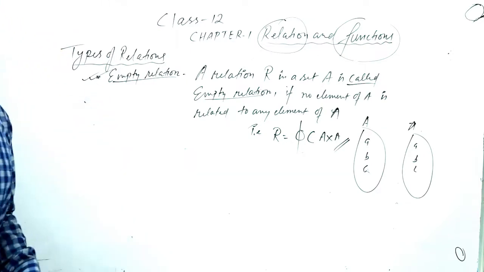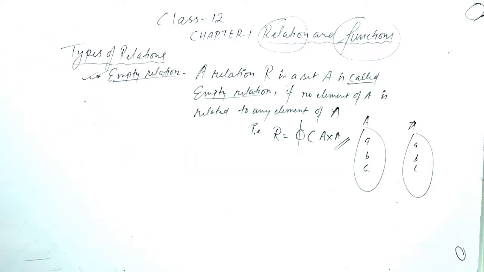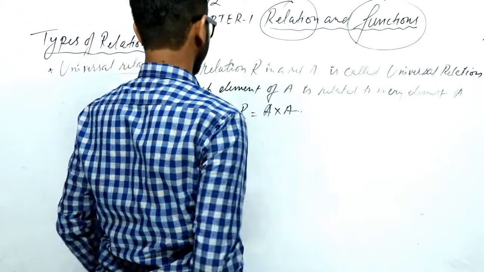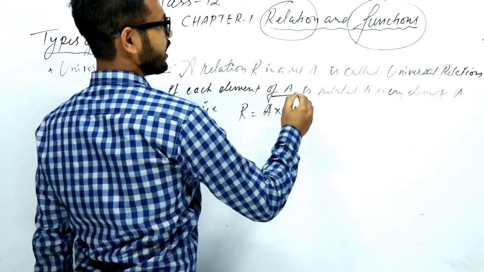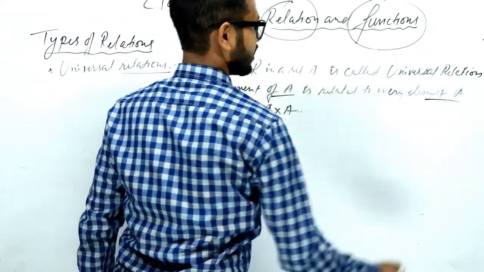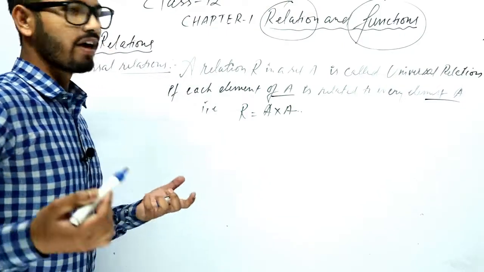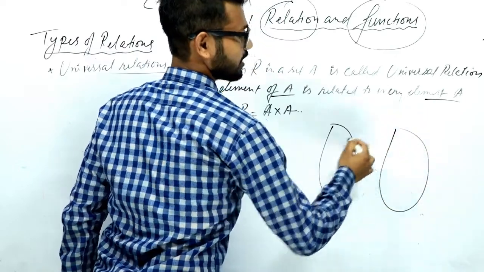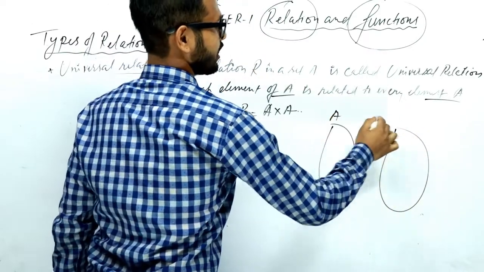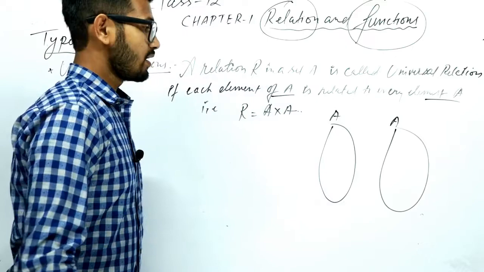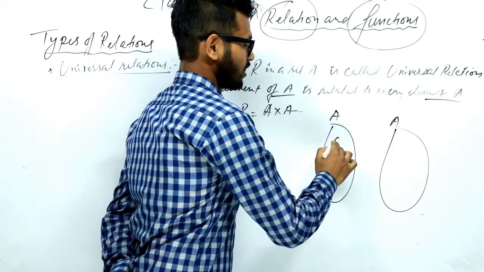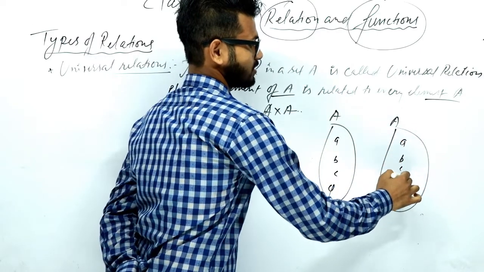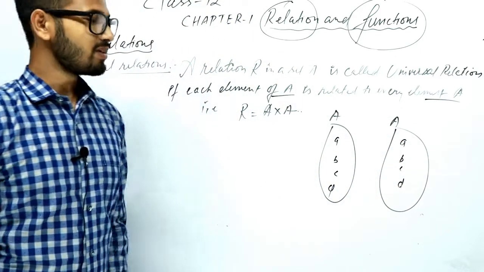Now let us go to the next definition, that is the universal relation. A relation R in a set A is called a universal relation if each element of A is related to every element of A. There are two different sets, A cross A. Suppose this is a set A, and this is another set A. Let us consider the elements present are a, b, c, d here, and also a, b, c, d here.